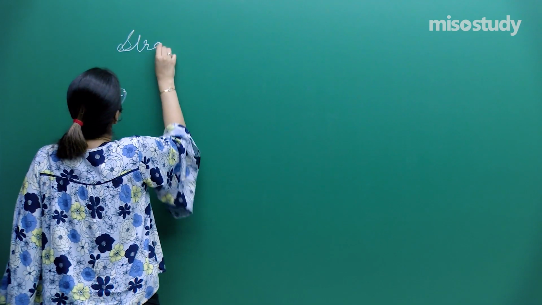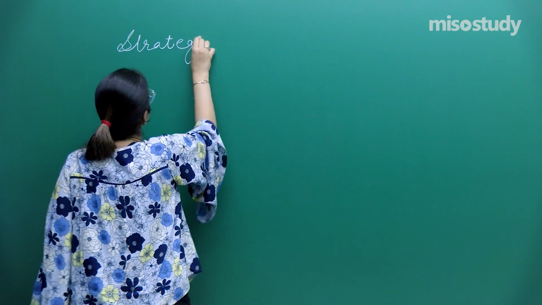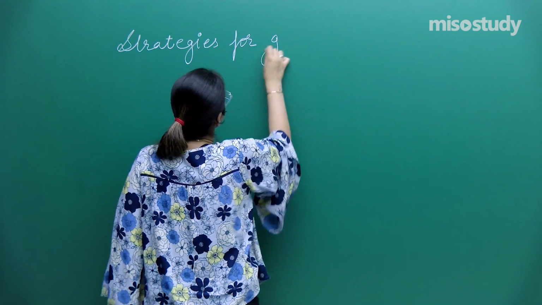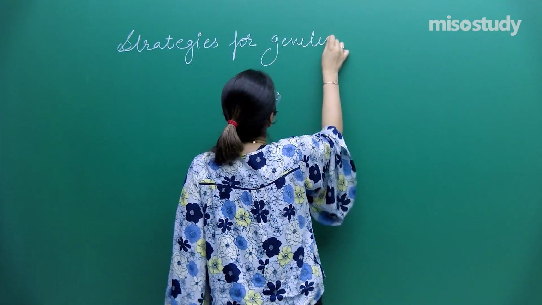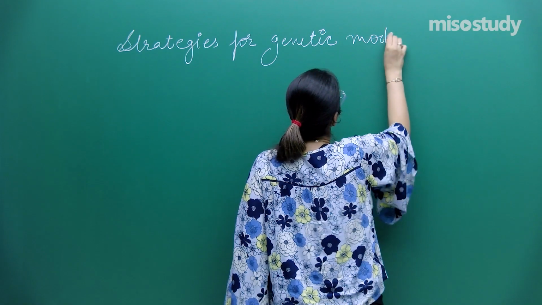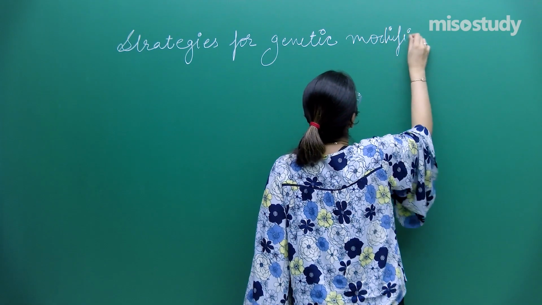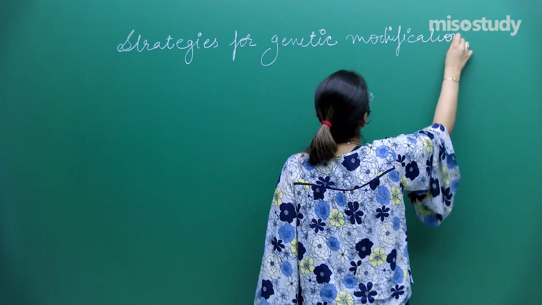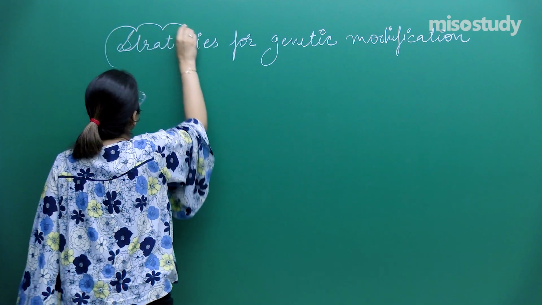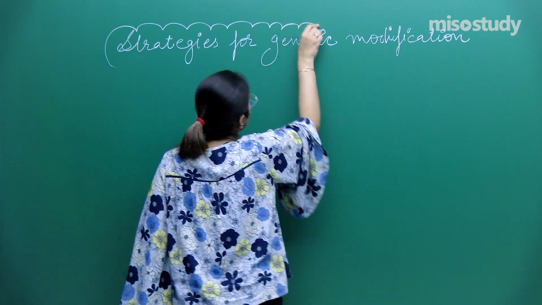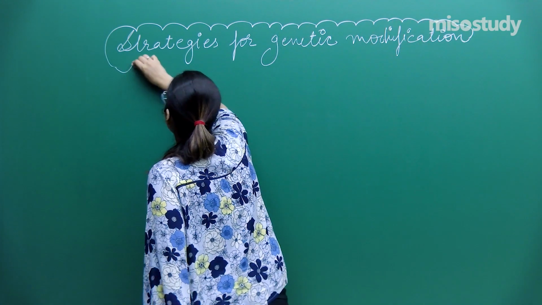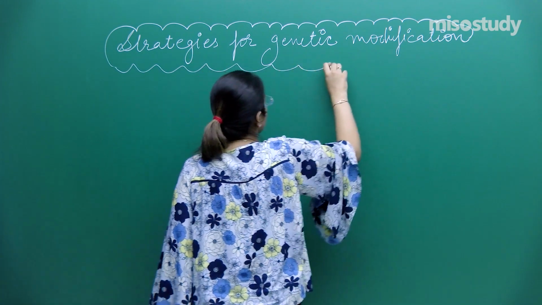So we are discussing strategies for genetic modification. Right, students? Because we are concerned here with the possibilities, or you can say the relationship with agriculture, right?